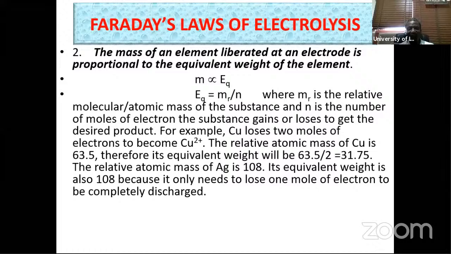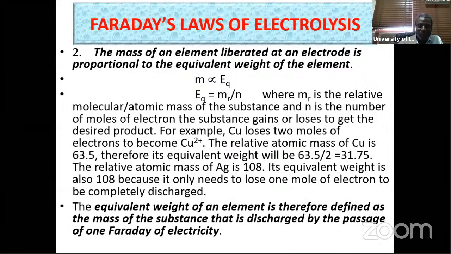So for instance, for copper now, your copper is 63.5. That means the equivalent mass of copper is 31.75 because that is copper 2. So you divide by 2. Whereas for silver, it is 108, and the equivalent mass is also 108. So the equivalent mass of an element is normally defined as the mass of the substance that is discharged by 1 Faraday. I think I mentioned this earlier.